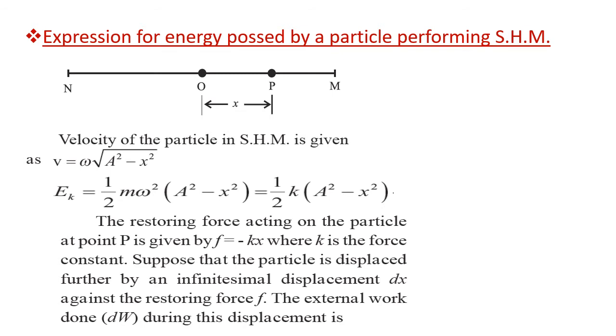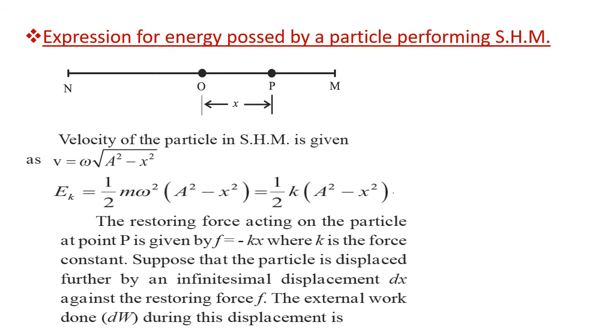And once we have the values of kinetic and potential energies, addition of these two will give us the total energy possessed by the particle. Now first let us talk about the kinetic energy, and then we will derive the expression for potential energy.